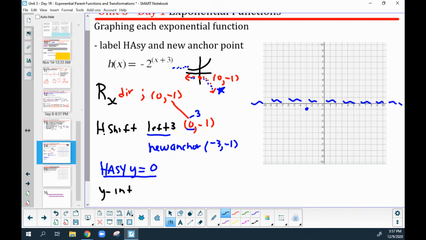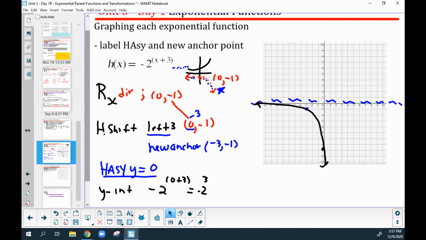Y-intercept means we're literally going to take our equation and substitute 0 in for x and just finish the work. That looks like it's going to cross at -8. So now I'm going to hug the asymptote, hit that anchor, swing down through here, and now I can see that quick sweep that guarantees to me it definitely is an exponential that had a change.